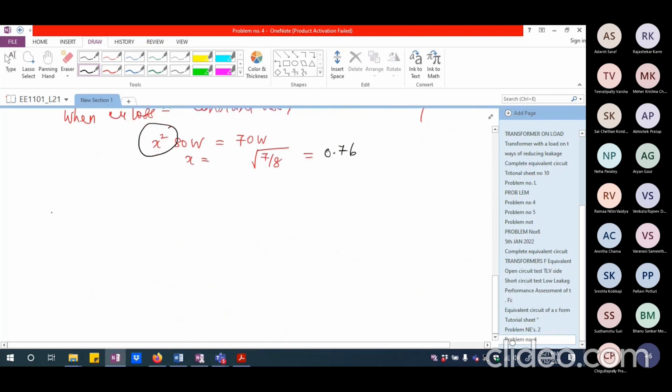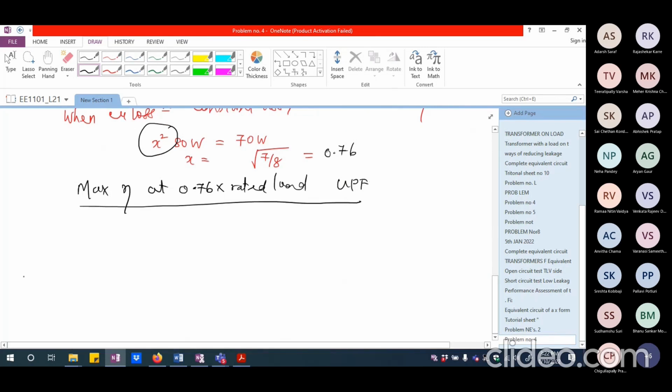So let's calculate the maximum efficiency also. Maximum efficiency at 0.76 times rated load, unity power factor. If the power factor is not unity, you are going to have a reduced wattage. First, let us calculate the output.